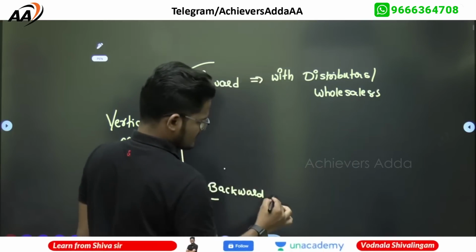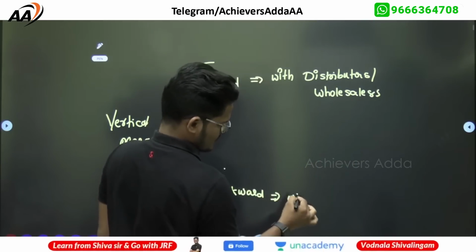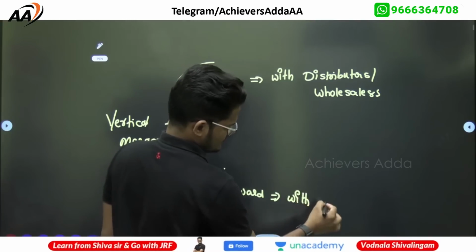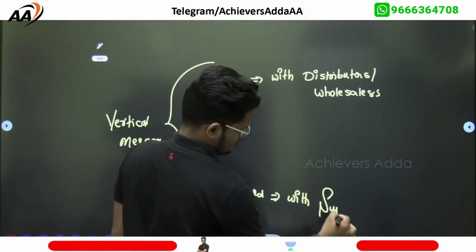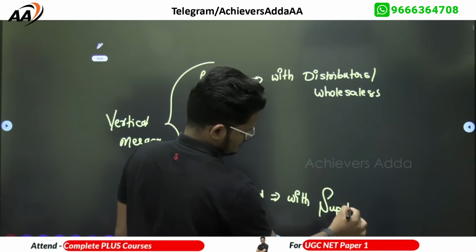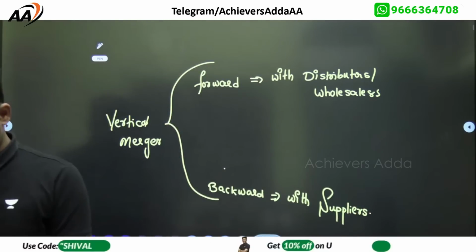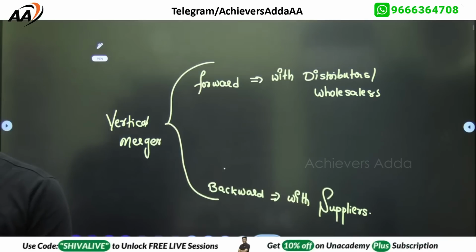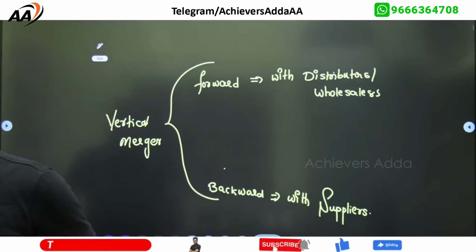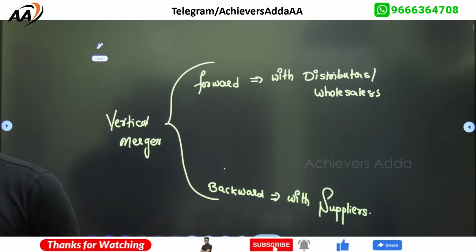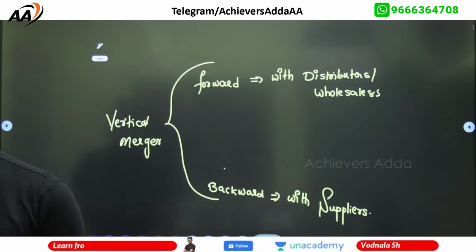Right here, backward is nothing but merging with suppliers. Forward, backward is related to manufacturing and supplier, correct. That's what, two types.